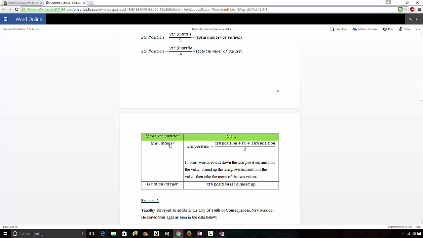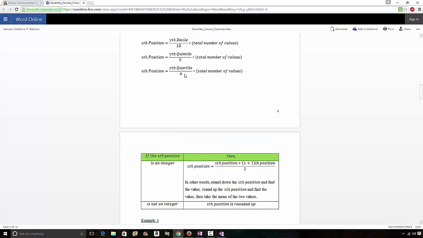So this is just as if you were finding your median. When you find that your x position is an integer, then you want to find that x position from this formula, and then you find the next position. Whatever values you have in those positions, add them up and divide by 2.